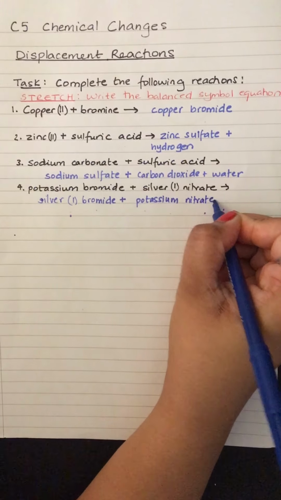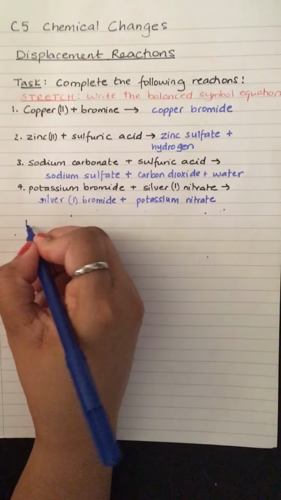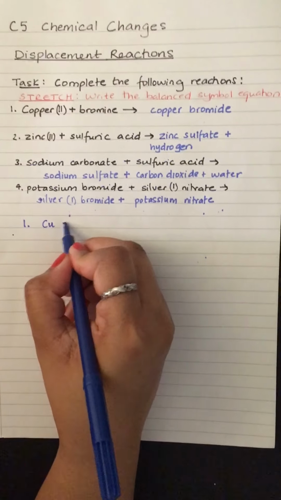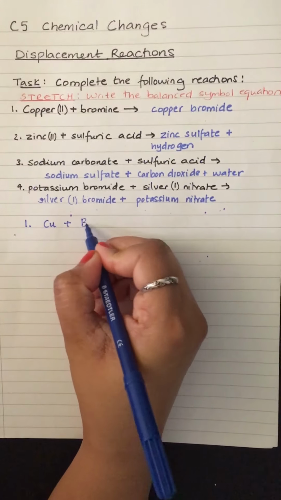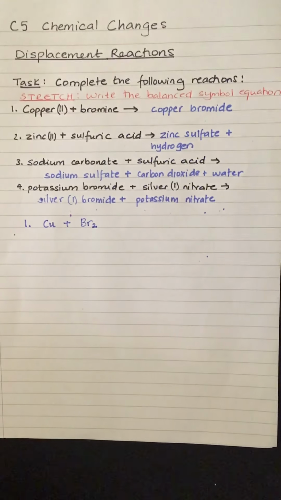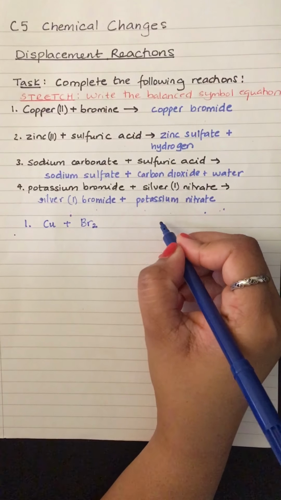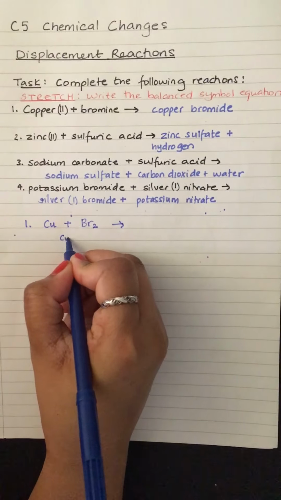Right, okay, so that's the first bit done. Now we want to write out the balanced symbol equation. So for the first one, copper, simply Cu. Remember, group 7 elements like bromine are diatomic molecules, so we write Br2. Now if we remember, the charge of copper is Cu2+.